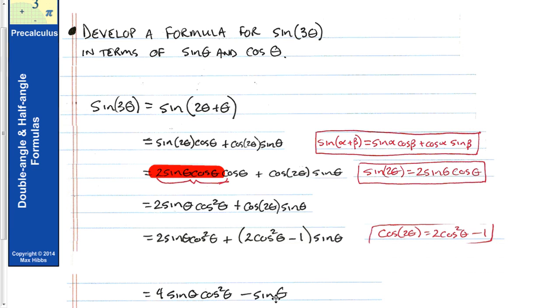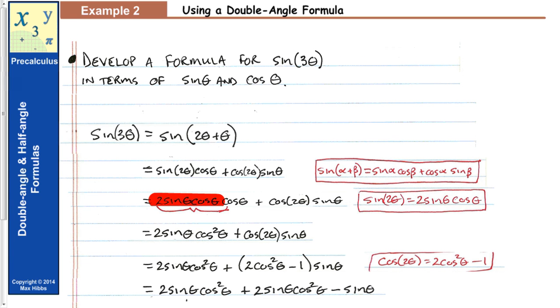Next, I've done the multiplication between these parentheses and the sine theta here. So sine theta times 2 cosine squared theta ends up being 2 sine theta cosine squared theta, and then minus sine theta times 1 ends up being minus sine theta.